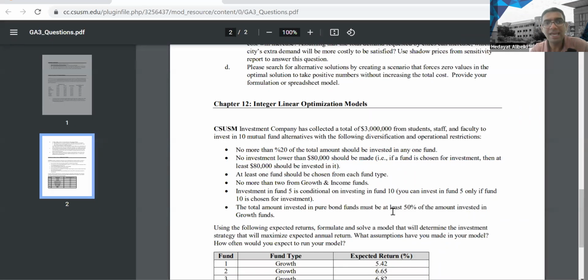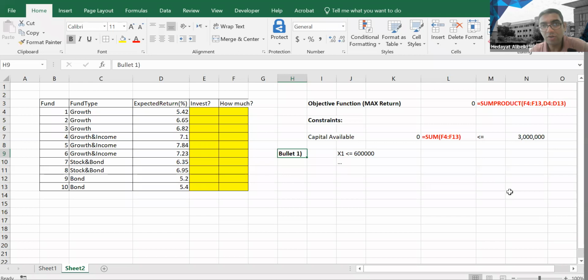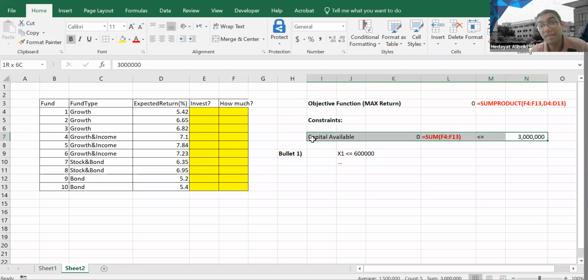Next bullet. No investment lower than 80,000 should be made. If a fund is chosen for investment, then at least 80,000 should be invested in it. Now that's your opportunity. By the way, guys, there's one thing: we haven't got all the constraints. Like I said, sometimes you have constraints that are not explicitly mentioned, and you have to figure them out.